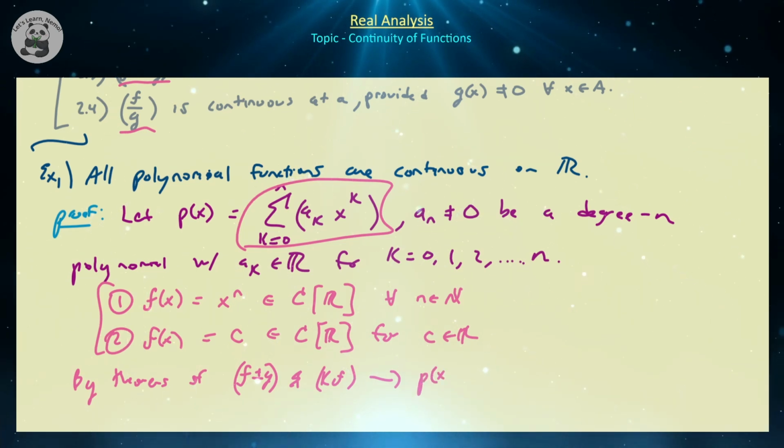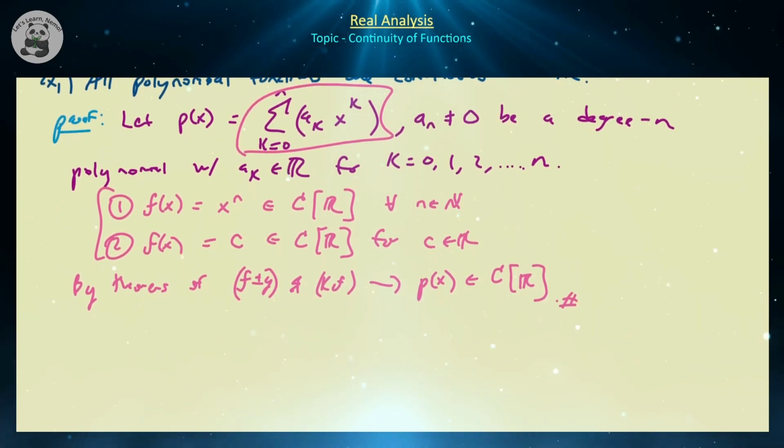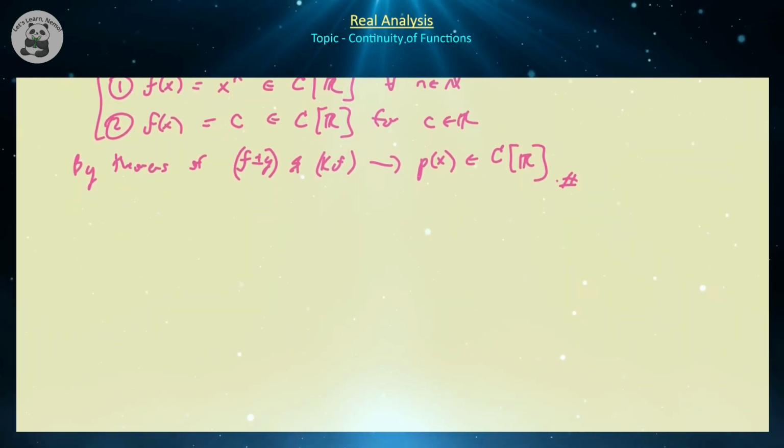Then we have that p of x belongs to the set of continuous functions on the set of real numbers. So the proof of that is not actually quite hard, as long as you have established that x to the n is continuous, c is continuous, and any linear combination of continuous functions will also be continuous as well.